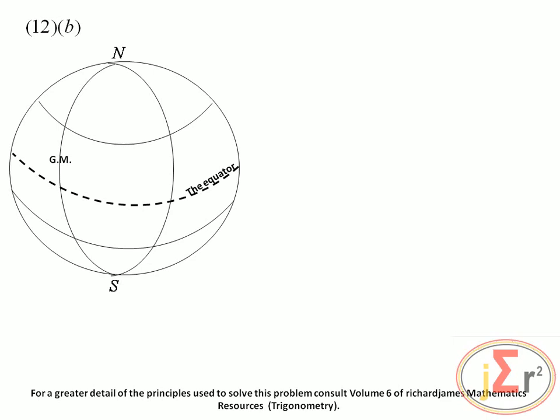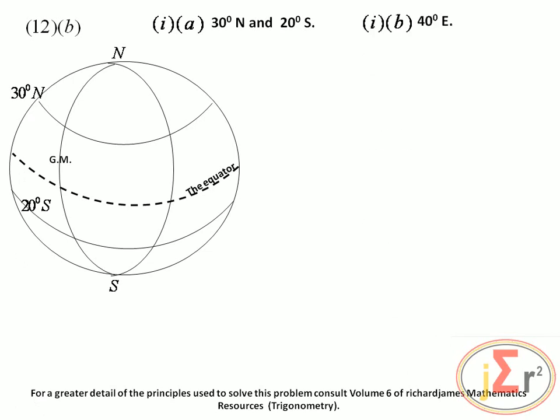We have other features of the diagram that are not labeled, so let us go straight ahead and label them. The first ones are 30 degrees north and 20 degrees south. Those are, of course, circles of latitude. So let us label them 30 degrees north and 20 degrees south.